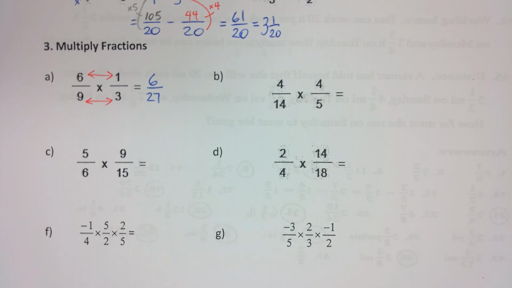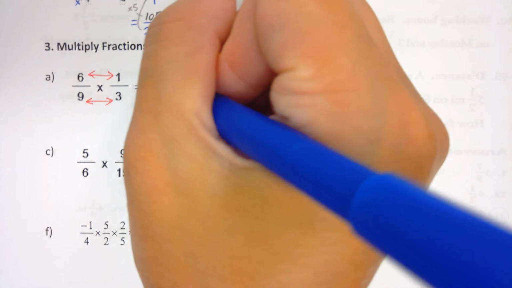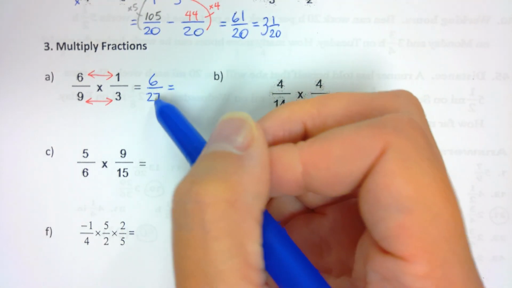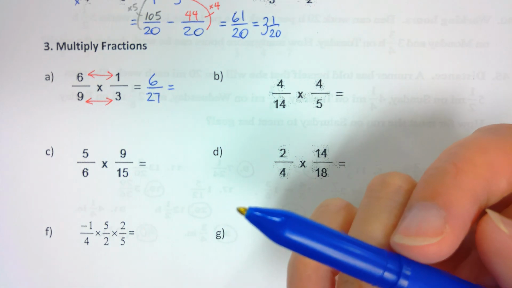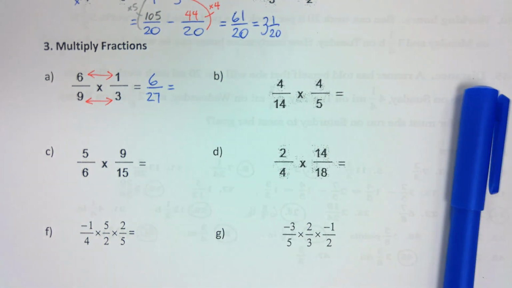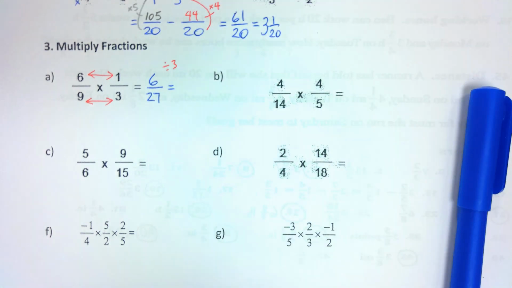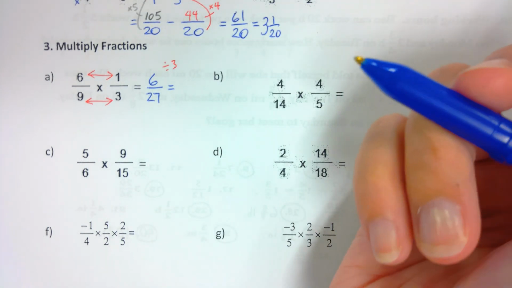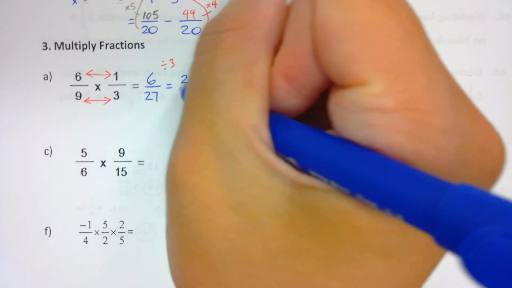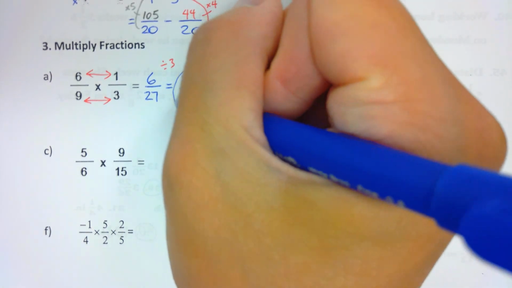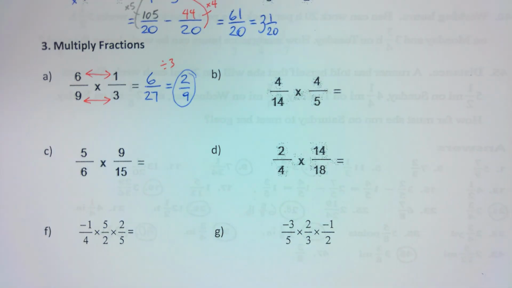Why am I going to take off half a mark? I didn't reduce. 3 goes into both 6 and 27. So if I divide everything by 3, what do I get? Yep. 2 over 9. And that's the full mark answer.